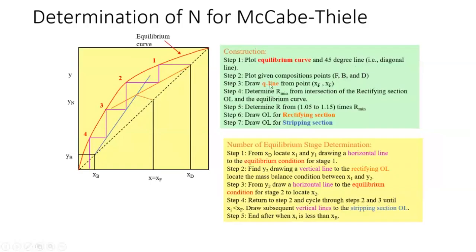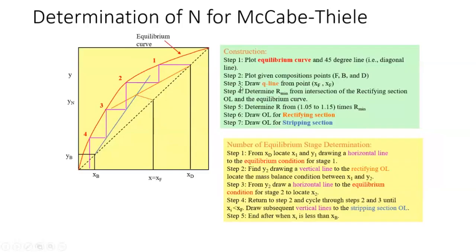Third, draw the q line from the point. Based on the feed condition, we can draw this feed line or q line. So here the feed condition is a vapor-liquid mixture. So the feed line, q line, will be like this.